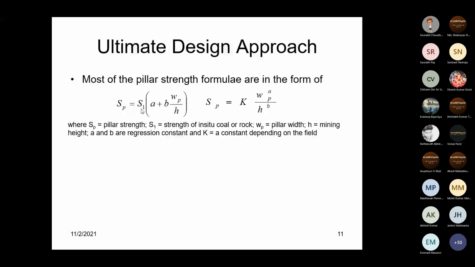So if W by H is 1, it represents a cubic shape, right? When W and H are both the same, it represents that the shape of your pillar is cubic. But as this ratio changes, it becomes a cuboidal shape.